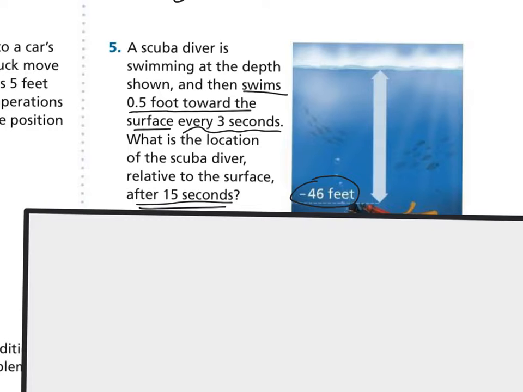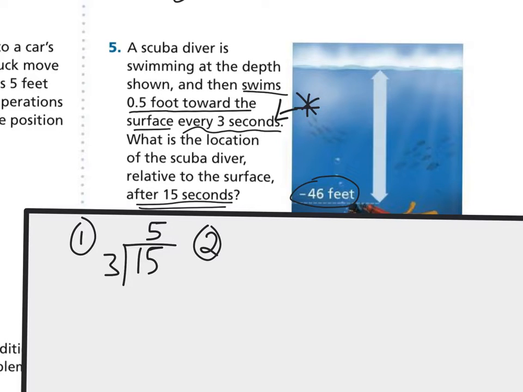So for this problem, we're looking after 15 seconds, and they are moving every 3 seconds. So if you take 15 divided by 3, you see that we'll have 5 different times that they'll be changing by 1/2 foot.